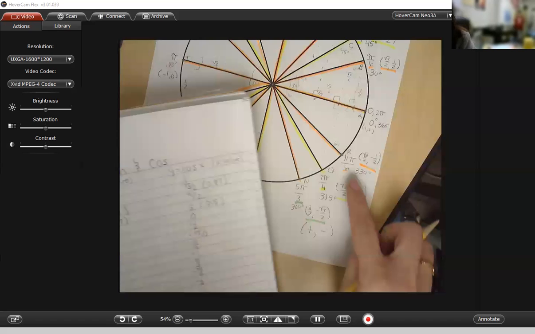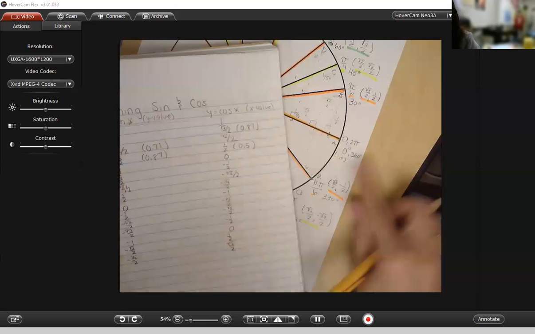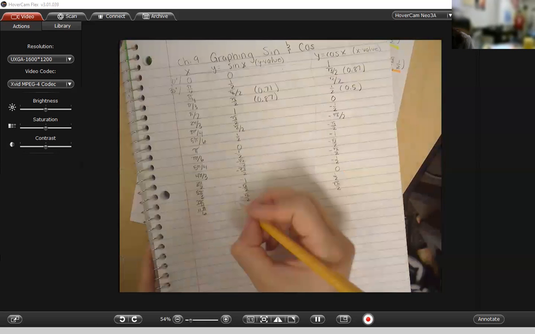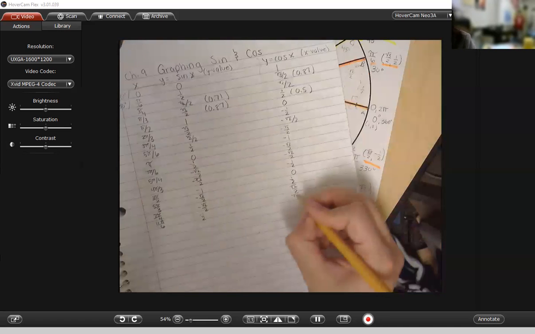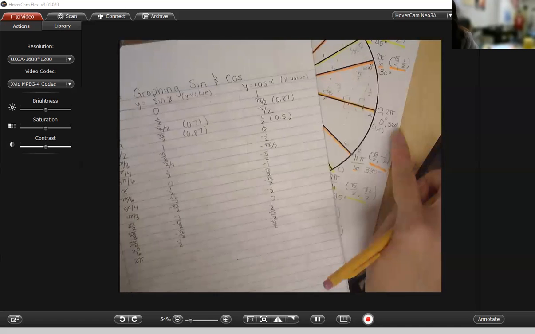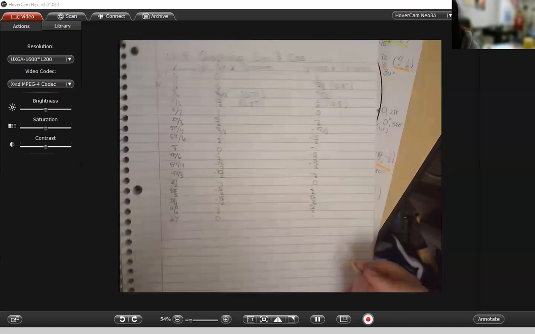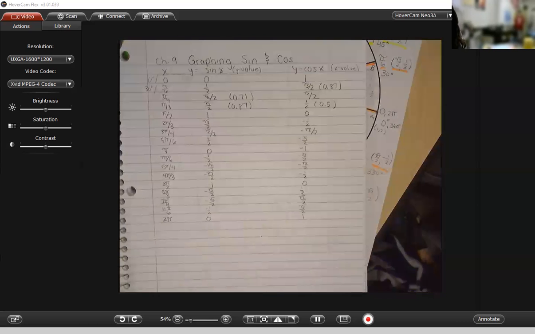And then 11 pi over 6. My sine, the y value, is negative 1/2. And my cosine is going to be positive rad 3 over 2. And then my very last one, 2 pi. And my sine is 0, and my cosine is 1. Whew, okay, I did it.